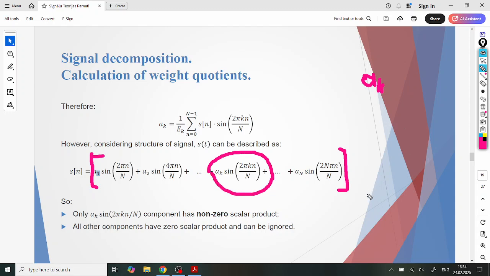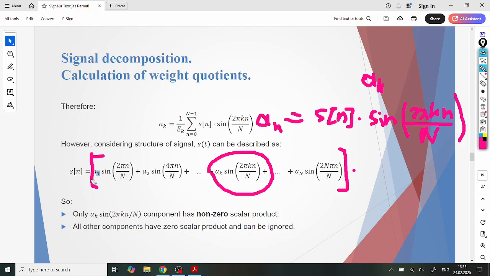To find it out, I take this entire signal, Sn, and multiply it with these base functions. So I take the sin of 2pkn and multiply it with my signal. Now, I calculate the scalar product, meaning that what I get is one number, and that one number is specifically going to be this Ak.